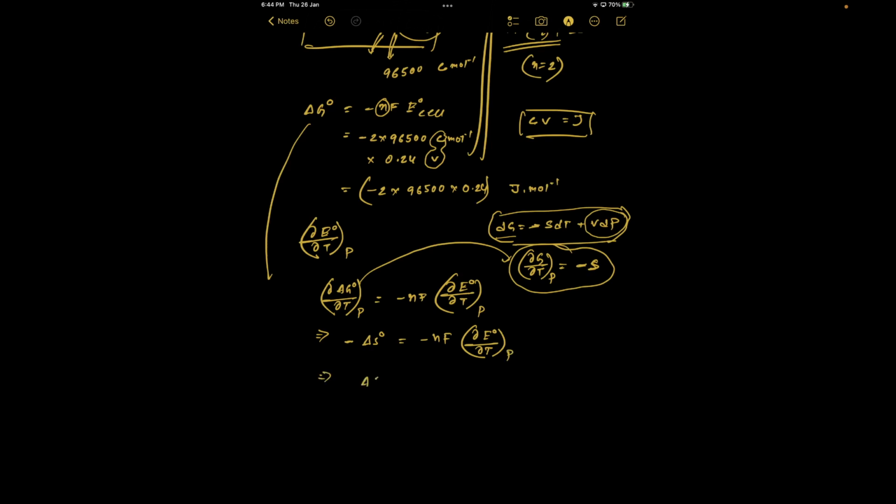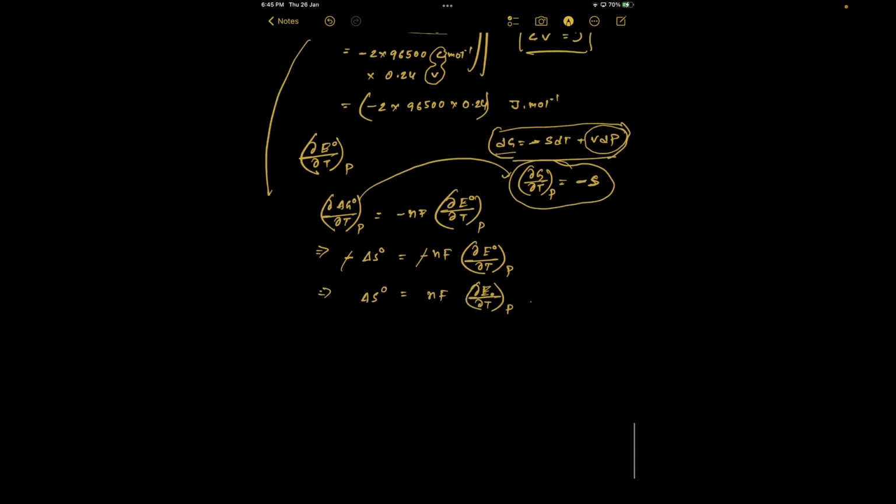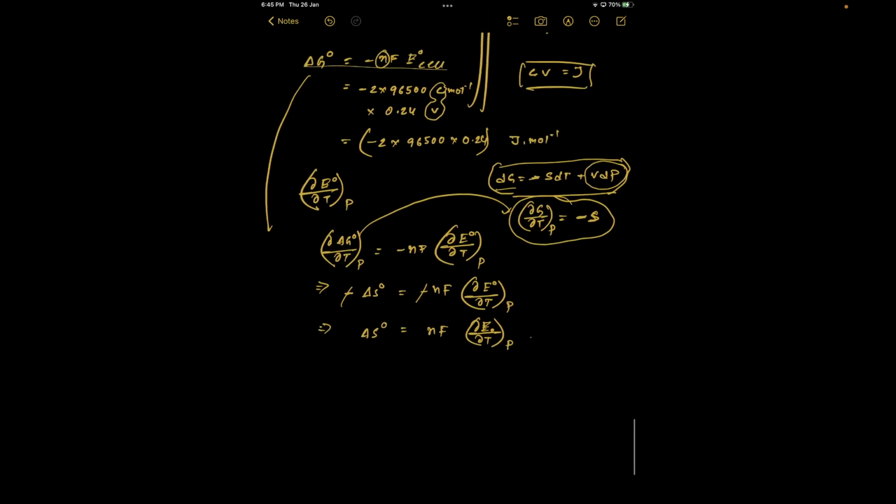Now so ΔS0 will be equal to, minus minus will cancel, nF ∂E0/∂T at constant P. Okay, so here we got the value of ΔG0. Now here we are finding the value of ΔS0, which is the entropy change.